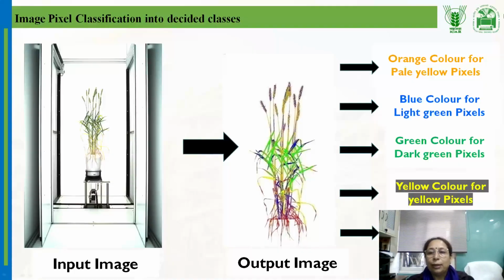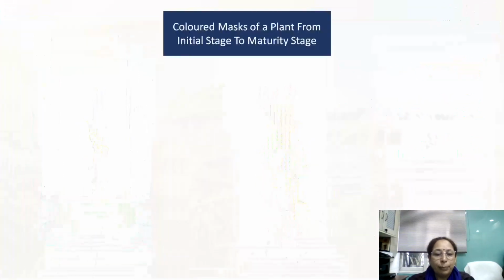We have given yellow color for the pale yellow pixels, blue color for the light green pixels, green color for the dark green pixels, yellow color for the yellow pixels, and red color for the brown pixels, so that this senescence can be easily identified. Then all these binary images, each given a particular color, were combined together to make a complete picture.